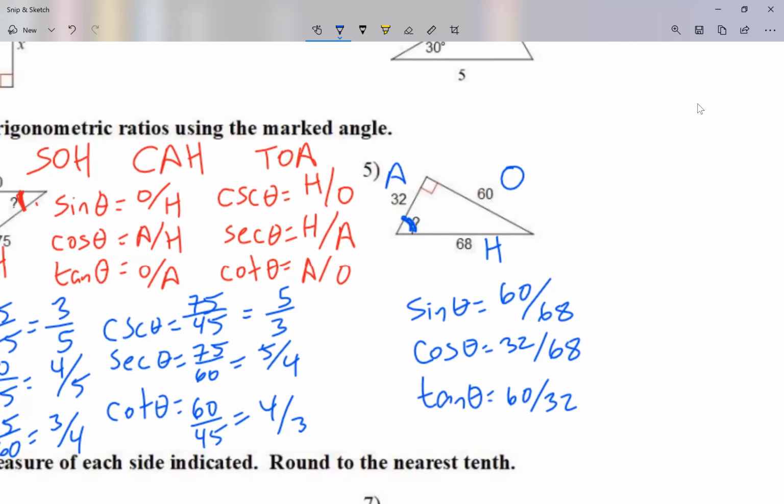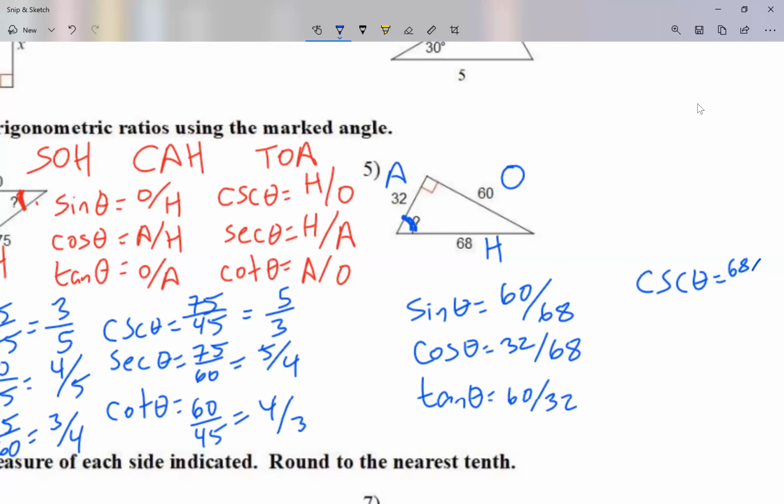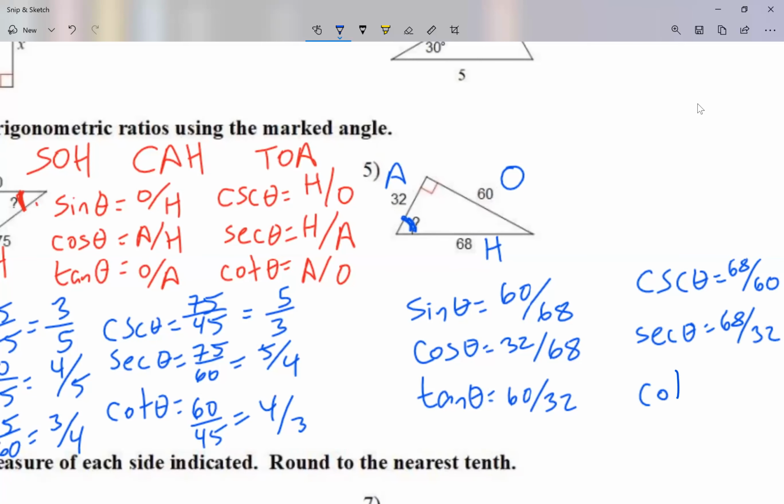If I'm looking for cosecant, I know cosecant is hypotenuse over opposite, so 68 over 60. If I'm looking for secant of my angle, I know secant is hypotenuse over adjacent, so 68 over 32. And lastly, cotangent. I know cotangent is adjacent over opposite, so 32 over 60. Okay.